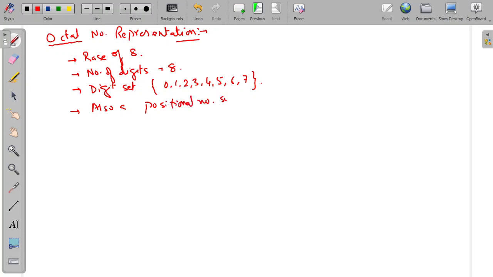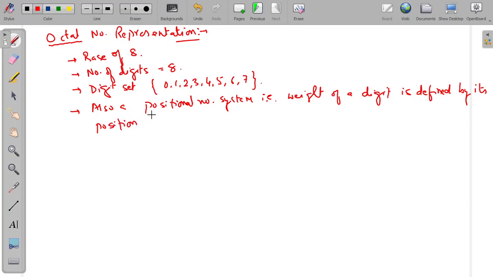That is, the weight of a digit is defined by its position within the number.